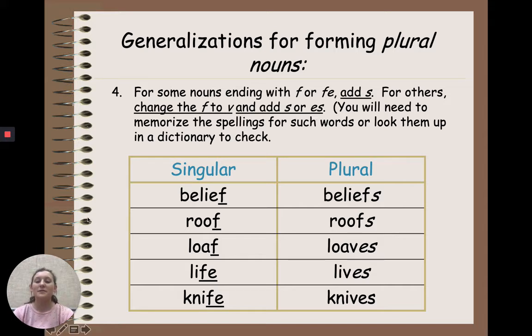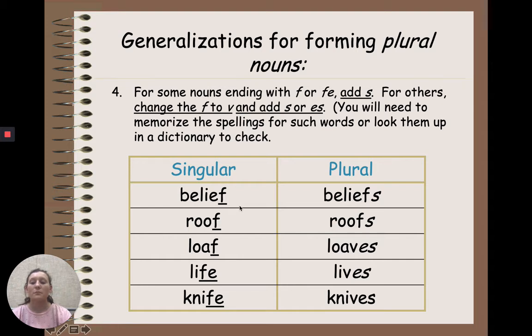On these ones, we just kind of need to memorize them. So if you don't get them right away, it's not a problem. These ones take a little bit to get used to the spellings for plurals. So again, you'll just have to memorize the spellings for these words, or you can look them up in a dictionary or online to check your spelling.